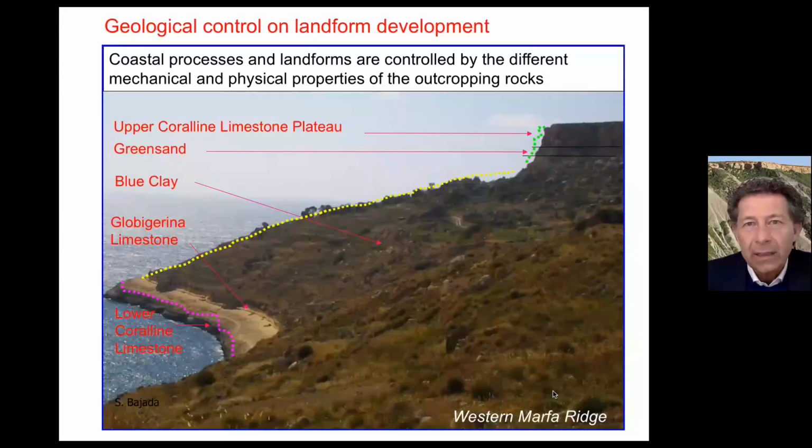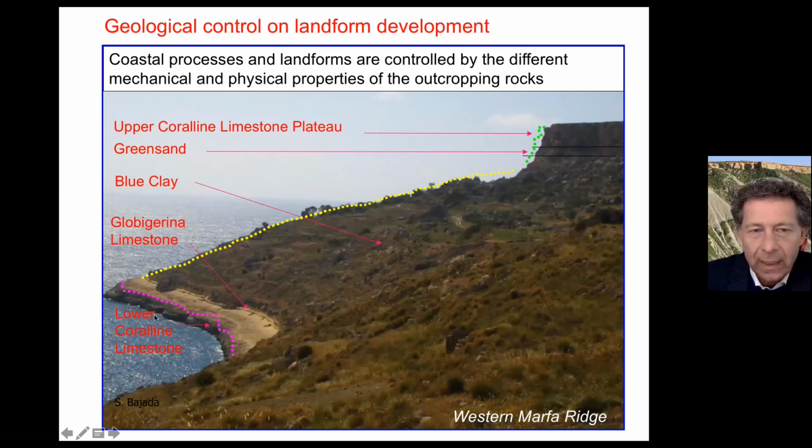I mentioned earlier that the geological situation as far as landslide recognition and monitoring is concerned is quite simple. So we start from the bottom and we have lower coralline limestones, then we have other limestones called globigerina limestones, then we have blue clays, so this is a marly and clay formation, and then we have a very limited outcrop of a formation called green sand, quite a friable one, and above we have the upper coralline limestone plateau.